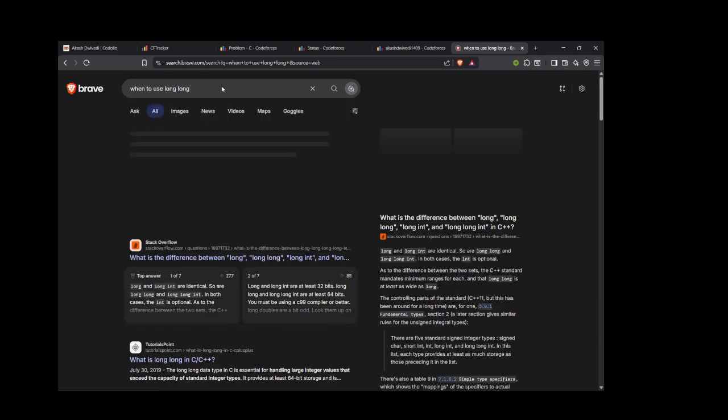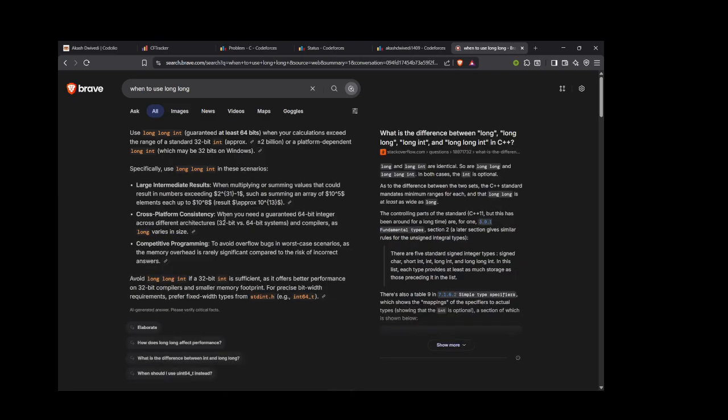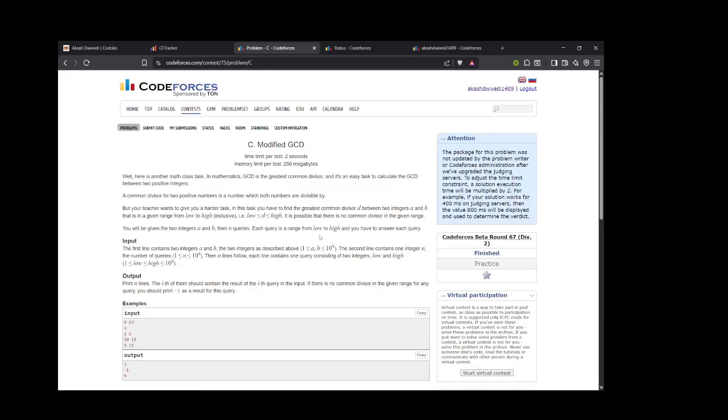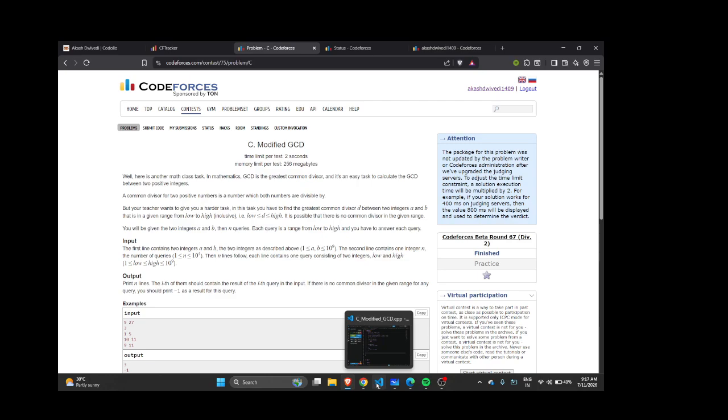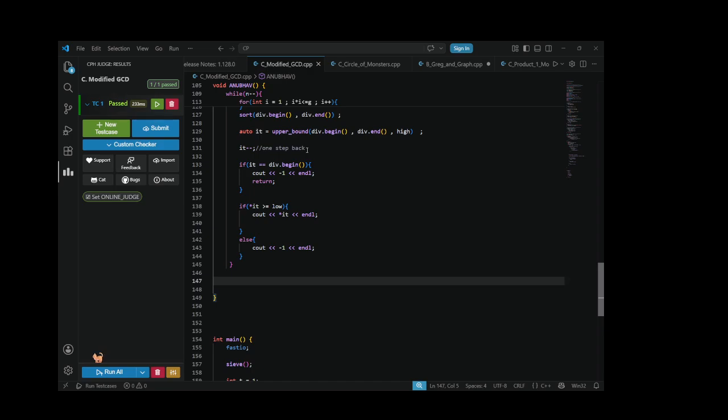I think my approach is pretty fine. Let me check the code again, then I'll submit. Sorry again for the mistake I did. Basically, I was going one step back before checking this condition, and after going one step back, I am checking this condition.